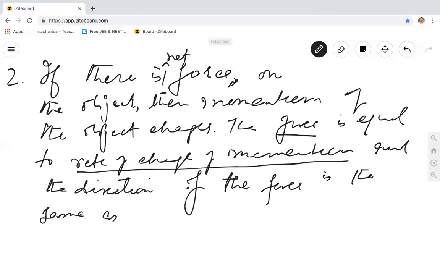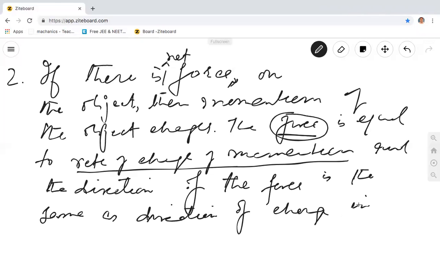So what should be the direction of the force? The direction of the force is the same as the direction of the change in momentum. Not momentum, but change in momentum.